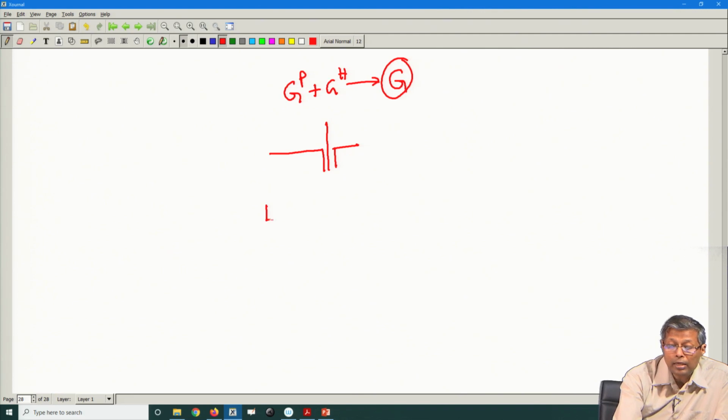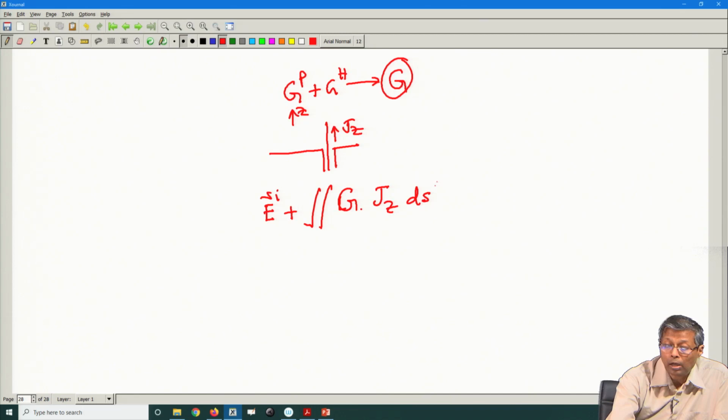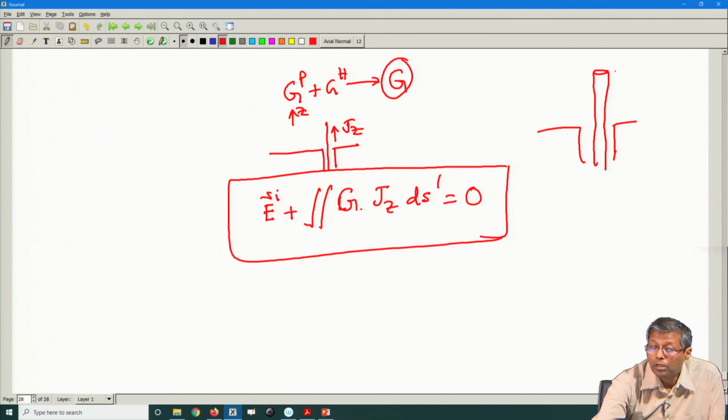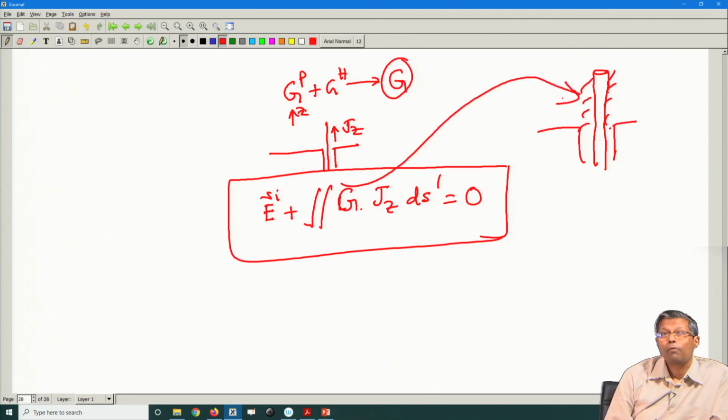That is E incident on the probe plus E scattered, which is the Green's function times Jz, because the current on the probe is along the z direction. So, this is Jz times ds prime, that will be equal to 0 on the surface of the probe, because the probe is a conducting surface. So, this is the probe. This is a conducting surface over which this equation is applied.